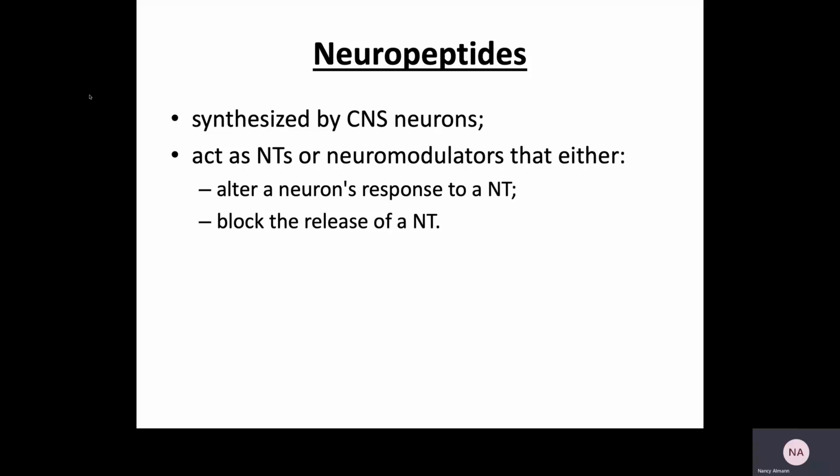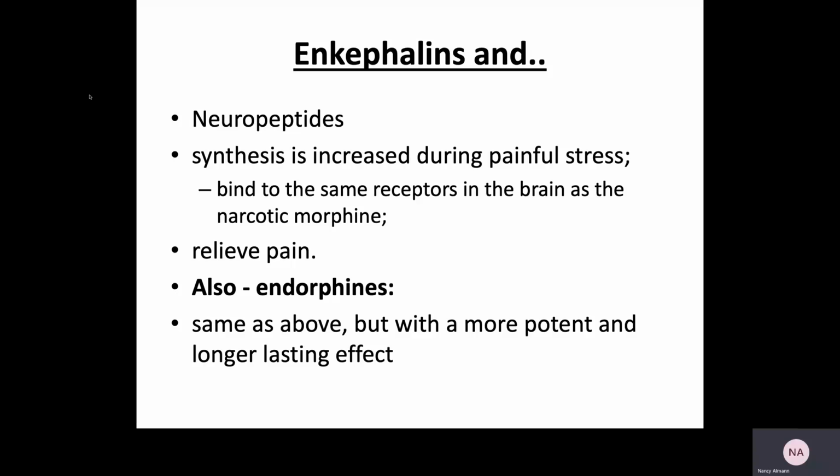We need to talk briefly about neuropeptides, which are protein-based molecules that are going to be synthesized within the CNS. They can either act as neurotransmitters themselves or will be what are known as neuromodulators, which will either change a neuron's response to a specific neurotransmitter or actually block the release of a neurotransmitter. Two important ones will be enkephalins and endorphins.